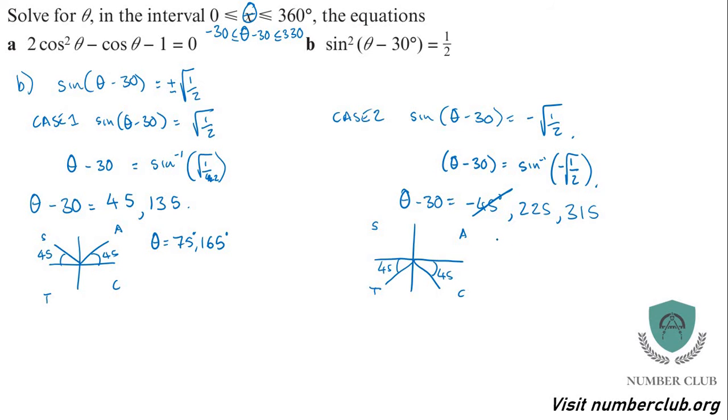Now we're going to add on the 30, so theta equals 255 and 345, and so in this case theta equals 75 degrees, 165 degrees, 255 degrees and 345 degrees. Nothing too scary. A good way to check that is to substitute some of those into here, and you should be absolutely fine. Alright, we haven't done any rounding, and so they should work out exactly.